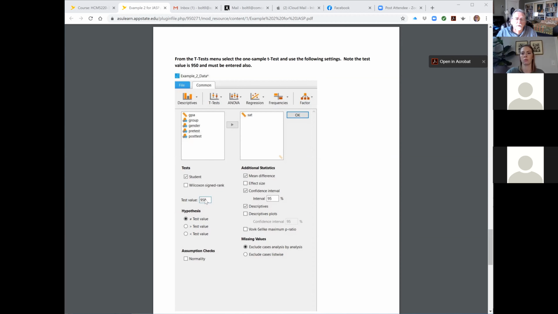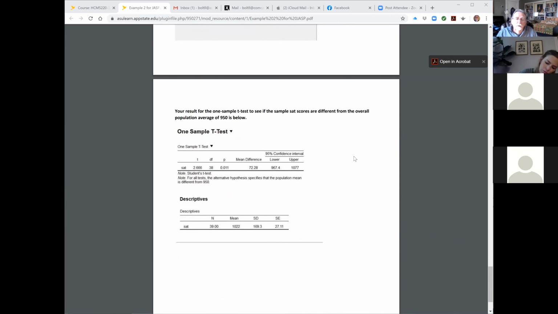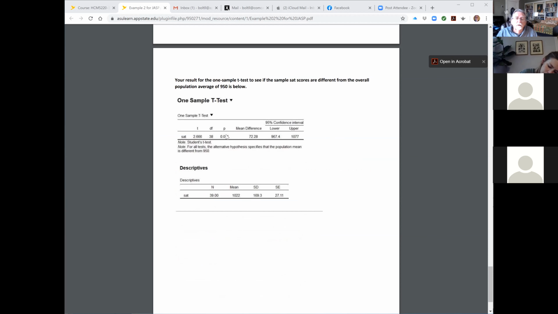We made 950 the center of the distribution. And so we wanted to know, is this group significantly different from the population? When we look at it, yes, it is. The p-value is less than 0.05.